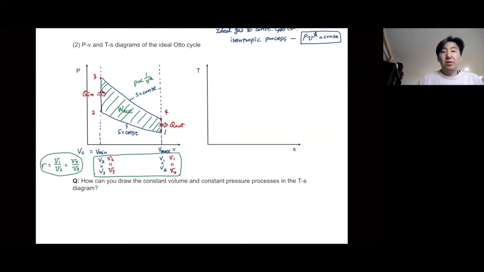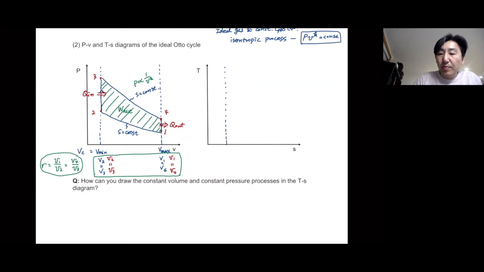And now, how can you draw the TS diagram? The expansion and compression processes are very simple, because they are isentropic, so they should be vertical lines. Let me draw the boundary.